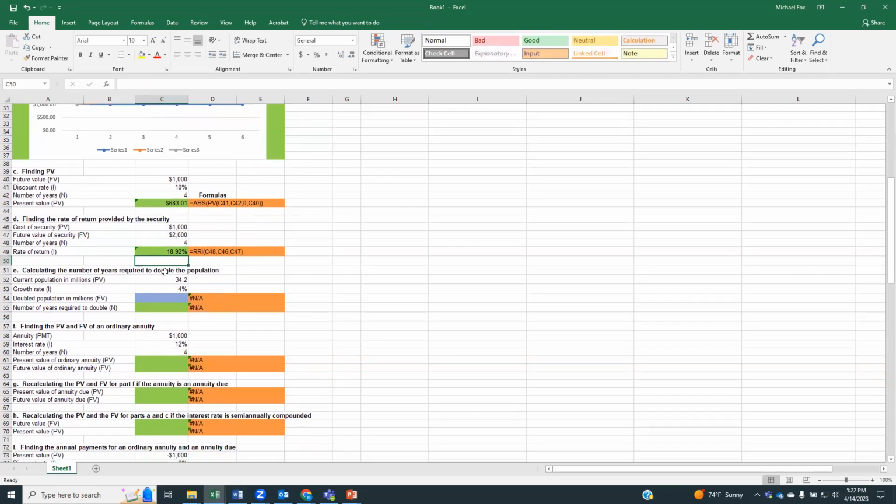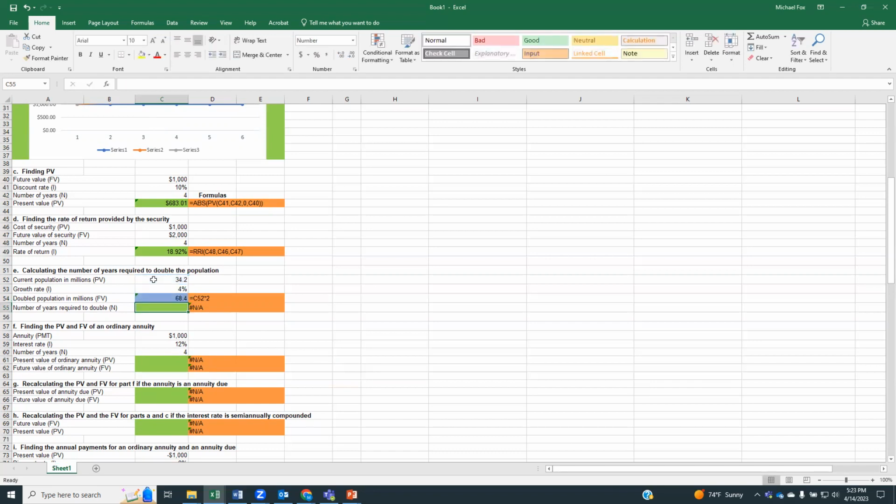All right. E, calculating the number of years required to double a population. So this is similar, okay? So we're going to start, we need to find the doubled population. So if our current population is 34.2, I'm just going to say this equals the current population times 2.